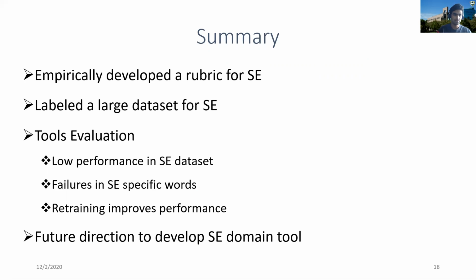Then we have selected 5 tools, and we have found that all the tools have low performance on the software engineering dataset, and they failed on SE specific words. But finally, we found that retraining improved the performance. So I think our study may give further direction for SE domain toxicity detector tools.